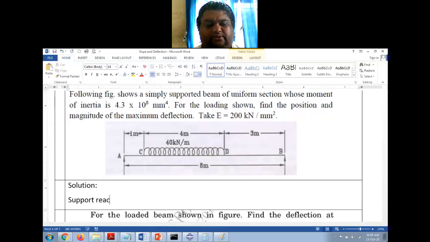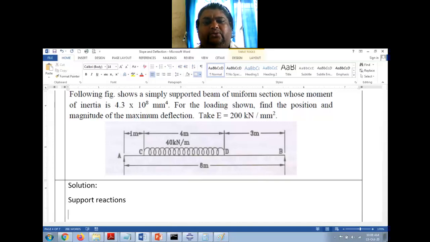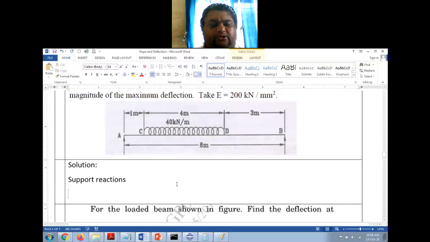Support reactions. Let me take moment about point A. Point A is the support, or the end, so the bending moment there will be 0.